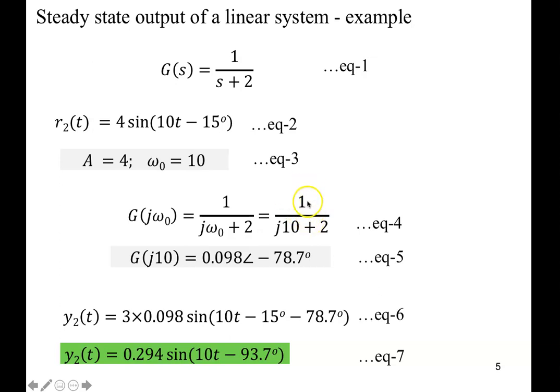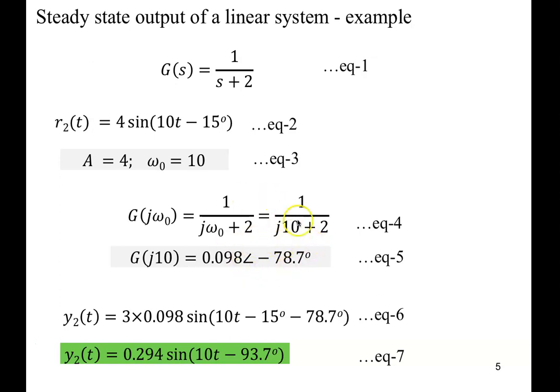So with two complex numbers, when you divide them, what you should do first is convert both into polar form, and then divide the magnitudes and subtract the phase angles. And I end up with a magnitude of 0.098 and a phase angle of minus 78.7 degrees.